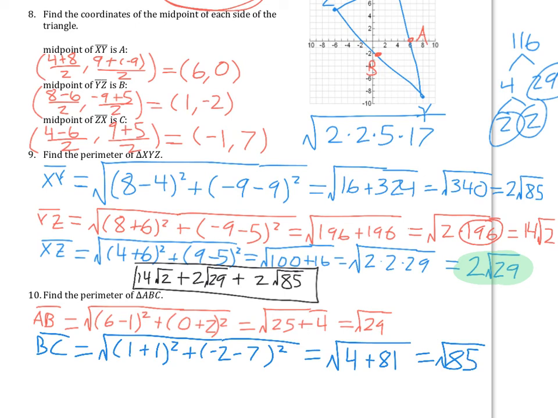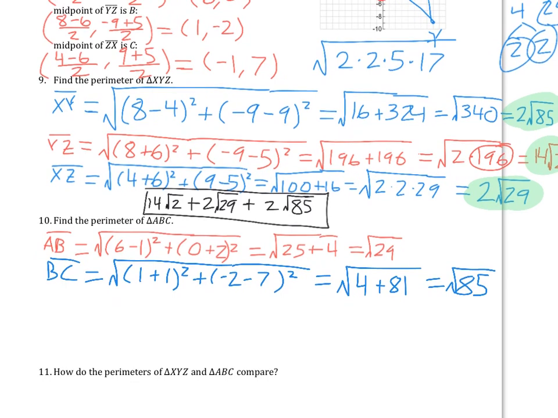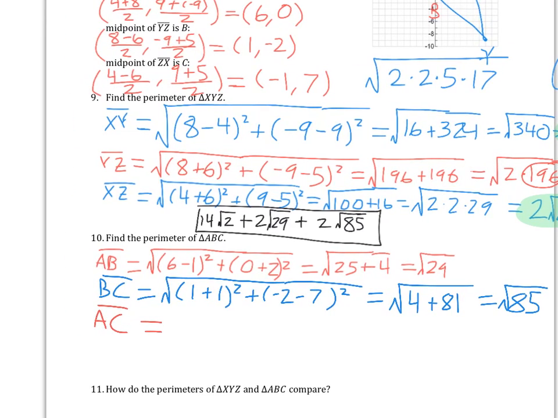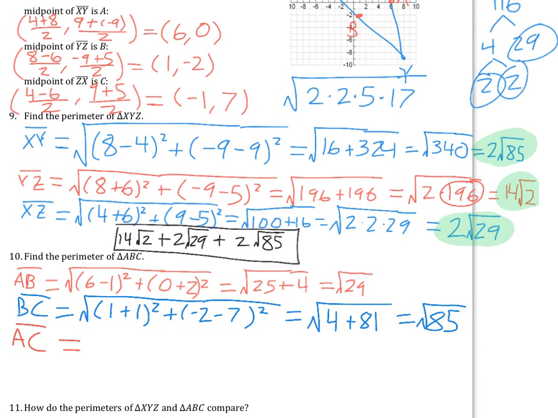And then notice the answer we just got is half of one of our previous answers. So following the pattern, what's half of 14 rad 2? That would be 7 rad 2. Let's see if the last side length is 7 rad 2. So this one is the length of AC. So we're going to do this coordinate and this coordinate.